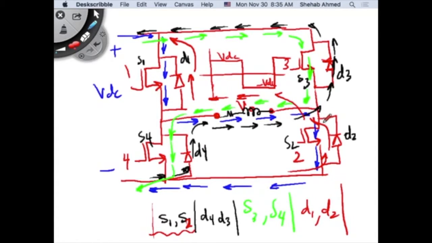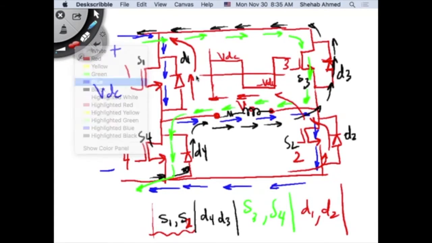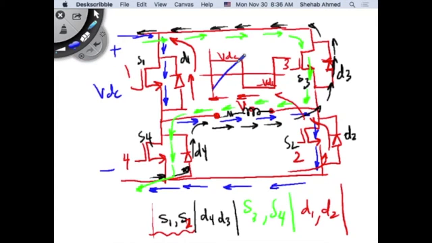So the black was positive, and the blue was positive, right? But we said when S1 and S2 are on in this period, current looked like this, right? So this was a period of positive current.